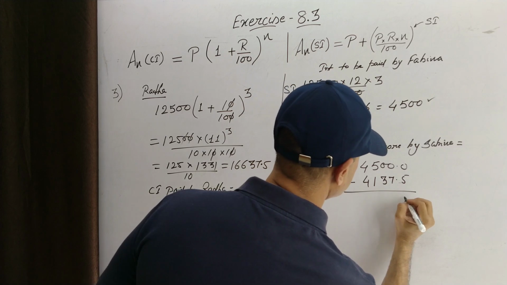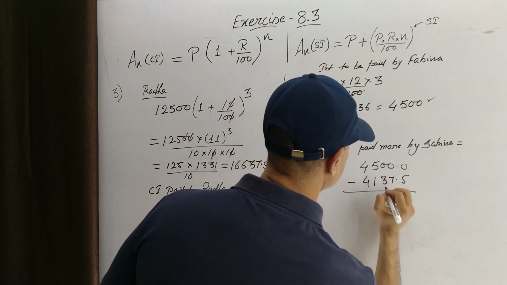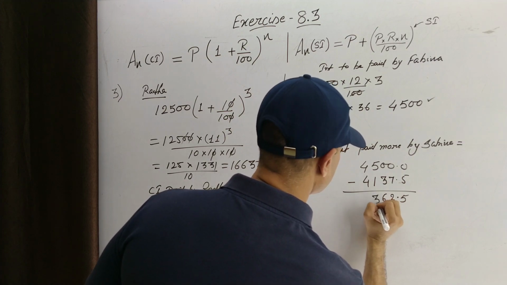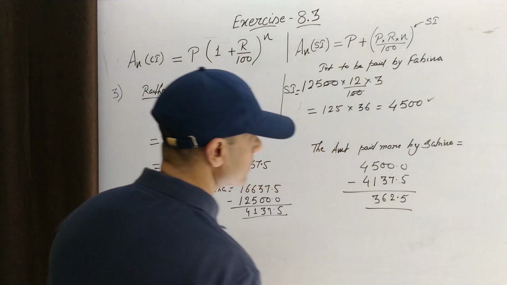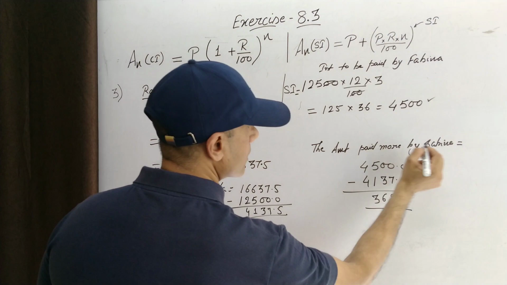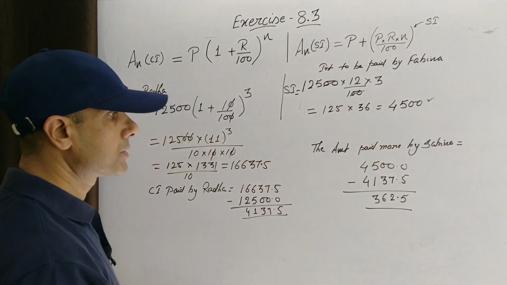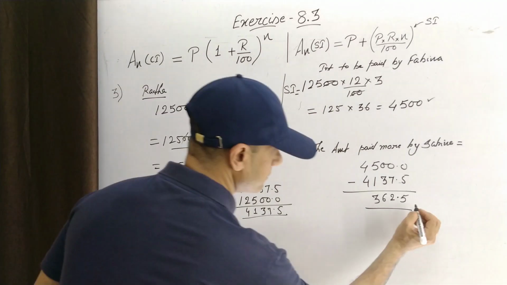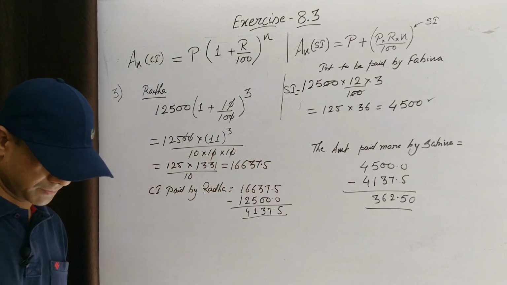So this equals 362 rupees and 50 paise. Clear?